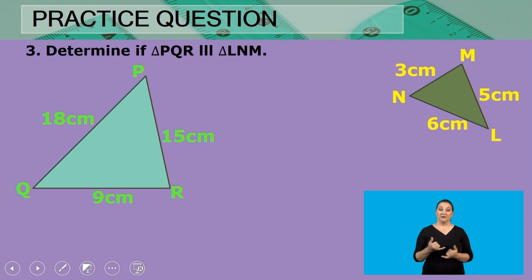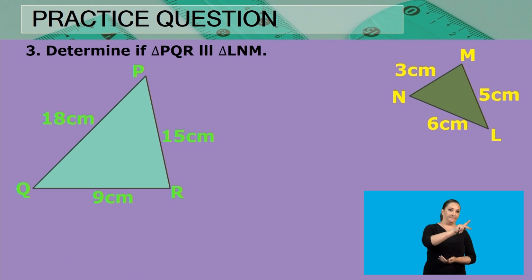So here we also need to determine if triangle PQR is similar to triangle LNM. Now we have been given the lengths of all the sides in both triangles. So let's see if they are similar or not. And remember, one of the conditions for similarity is to see if the ratio of the corresponding sides are in proportion. So let us take PQ divided by QR.